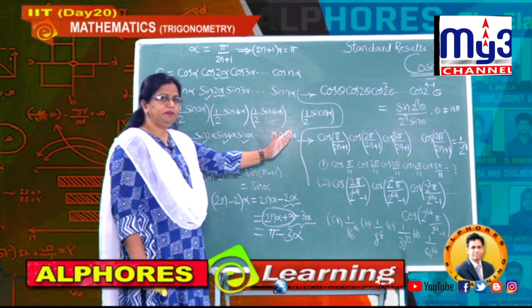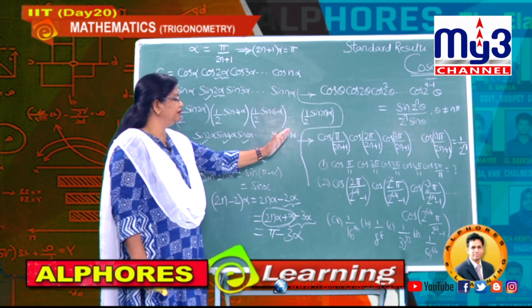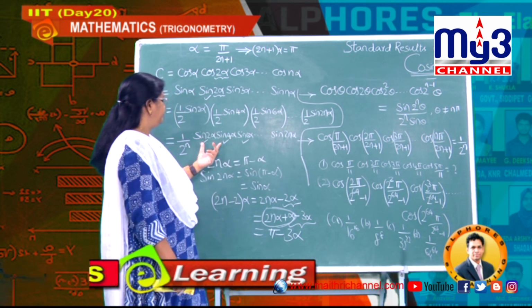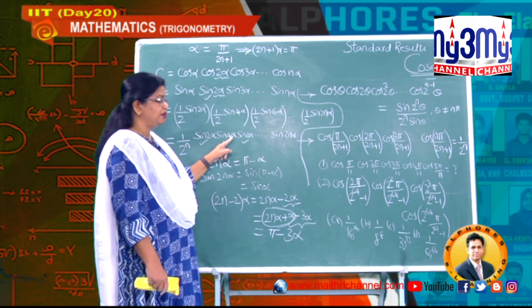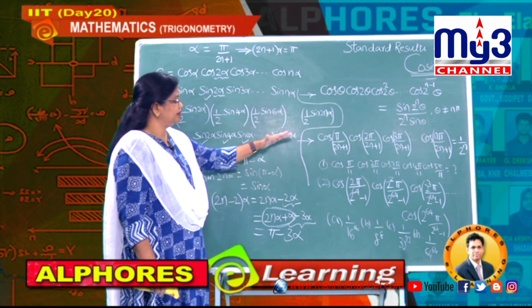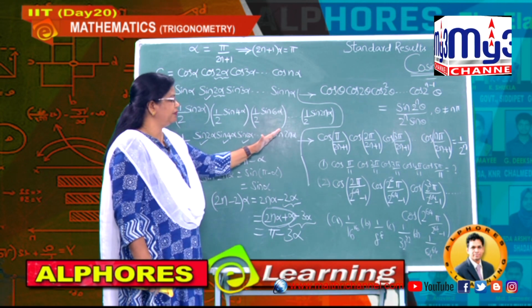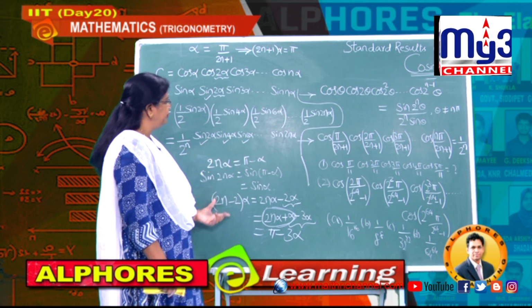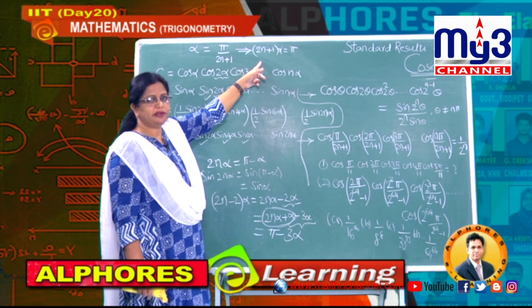So you got, from the reverse order, students, observe sine alpha and next sine 3 alpha. So whatever odd coefficients are missing, they are coming in the other way from the end. So sine alpha, sine 3 alpha, sine 5 alpha etc. cover every value just by making use of this result.